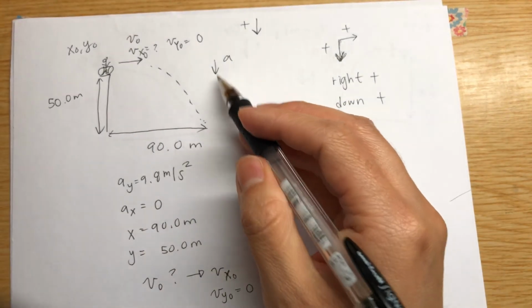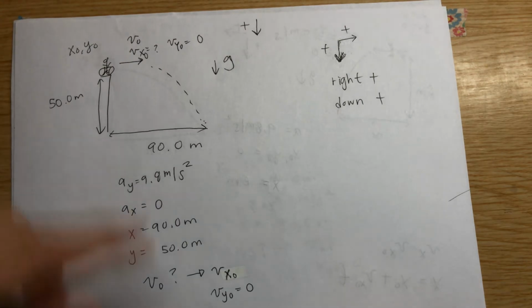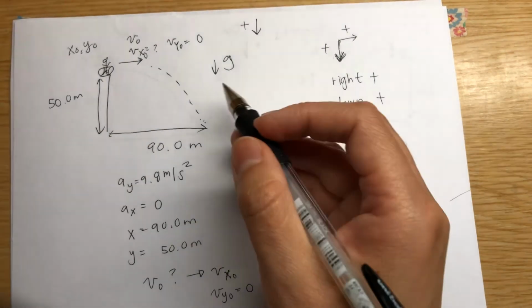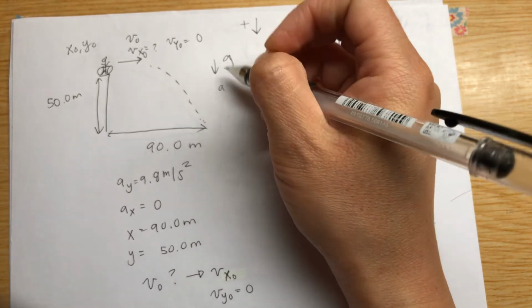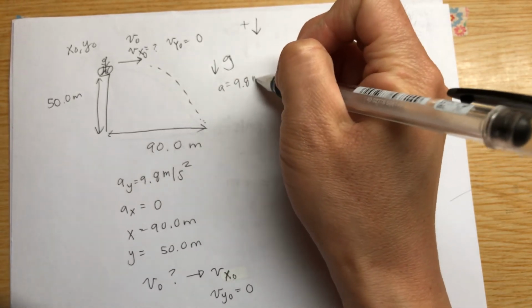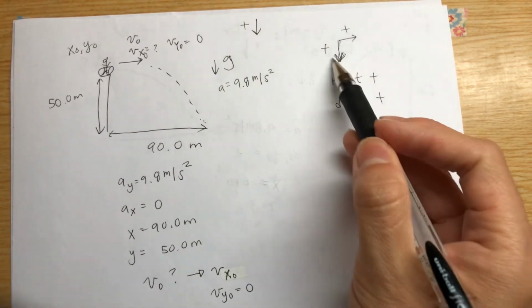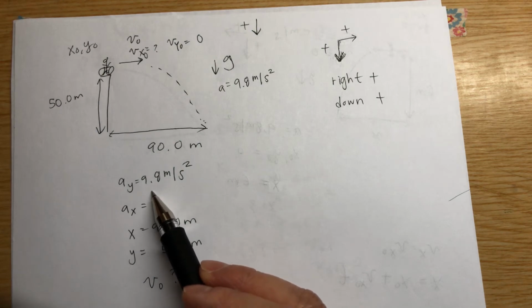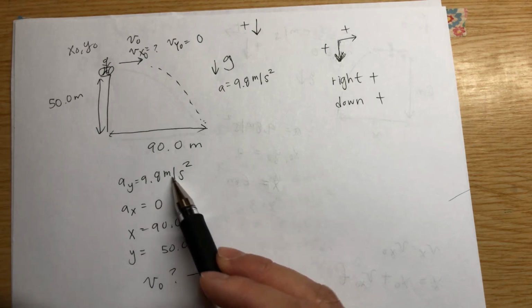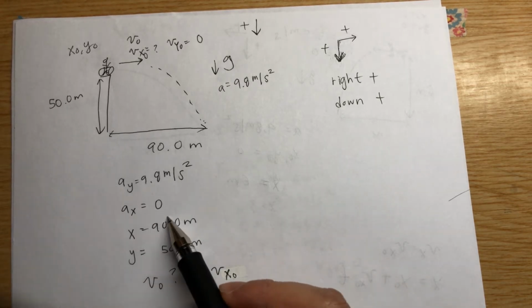Acceleration of gravity is always downwards, so in this case acceleration is positive 9.8 meters per second squared because we chose downwards to be positive. So ay is 9.8 meters per second squared. Ax is always 0.